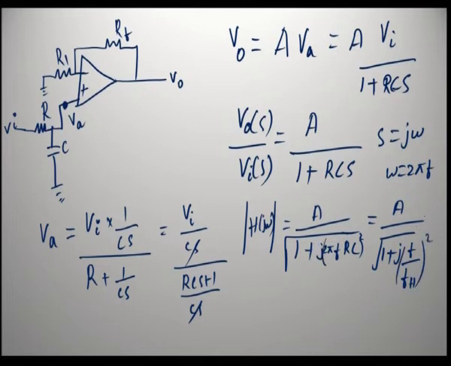So, this is the transfer function of the low pass filter, obtained as root of 1 plus j f by f h the whole square.